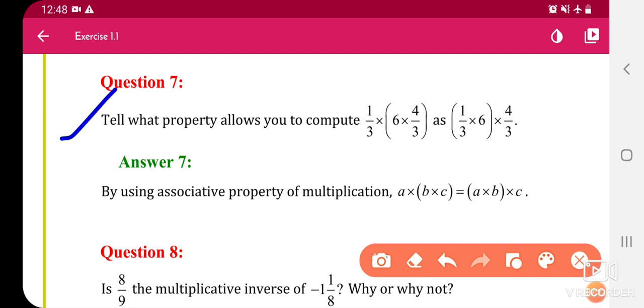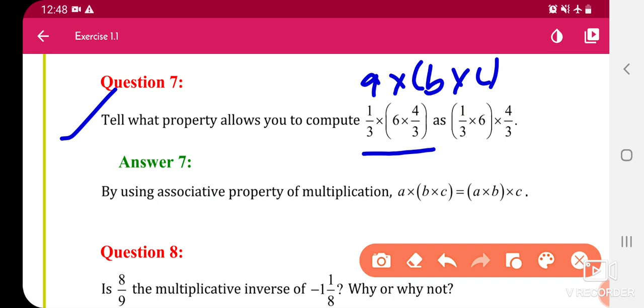Next question. Tell what property allows you to write 1 upon 3 multiplied by bracket 6 into 4 upon 3 as bracket 1 upon 3 into 6, 4 upon 3. We can observe that here are 3 numbers, this one is A, this is B and this is C, and we can see the same numbers, only the place of the brackets is changed.